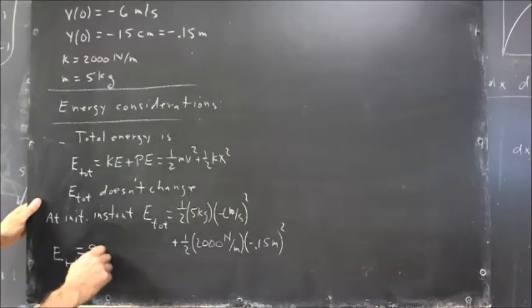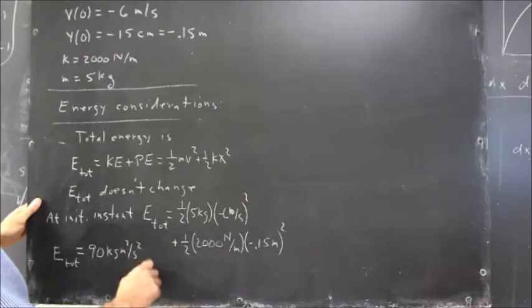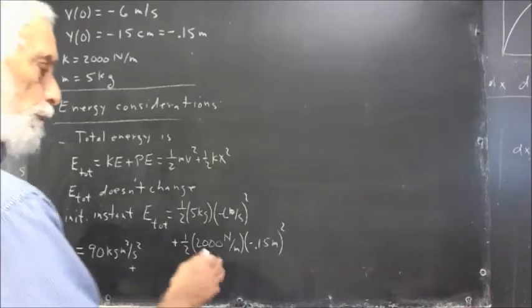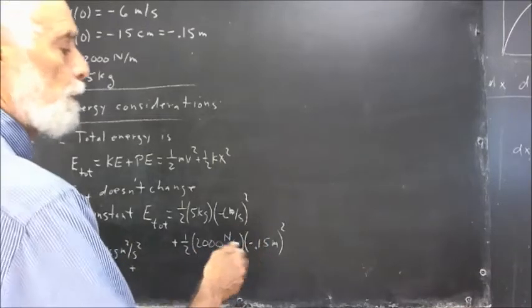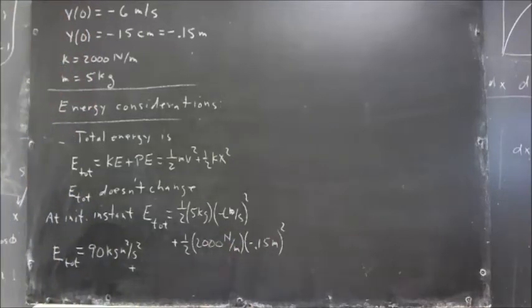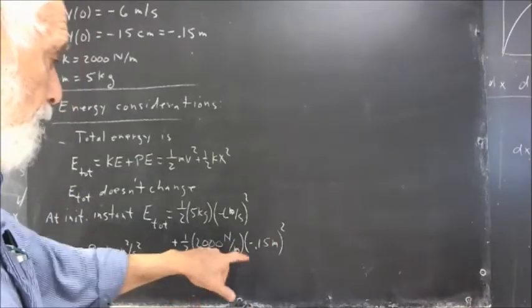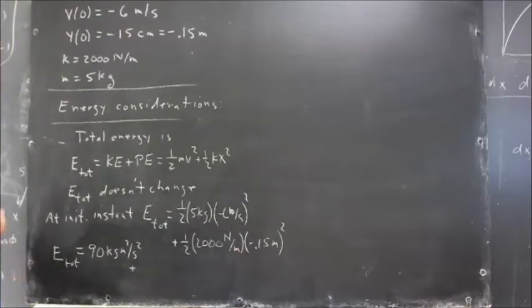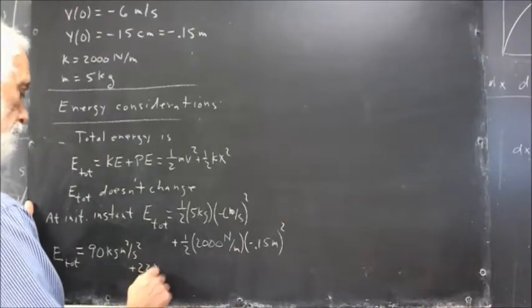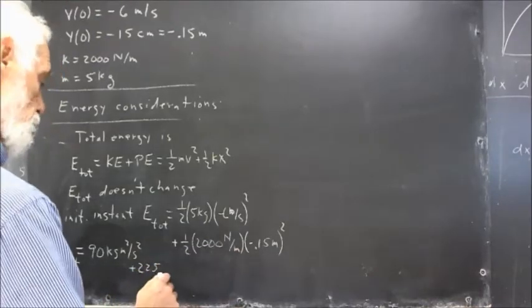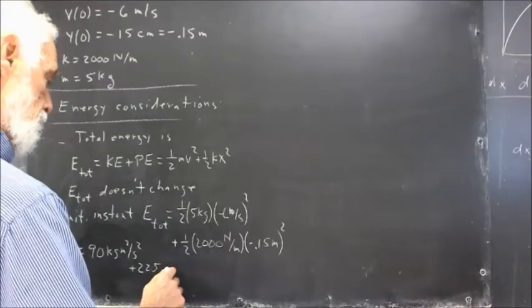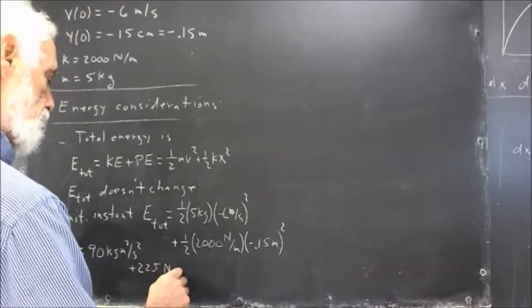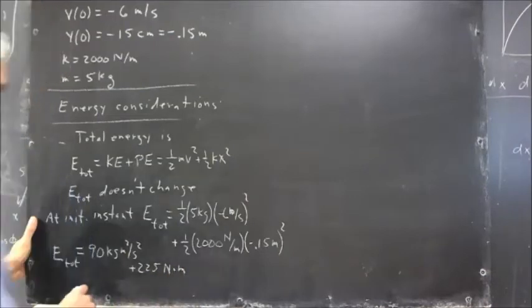I'll write it out separately. Plus 1,000 times 0.0225. 1,000 times 0.225 is 225. So if I've done the calculation correctly, that's 225 Newton meters.